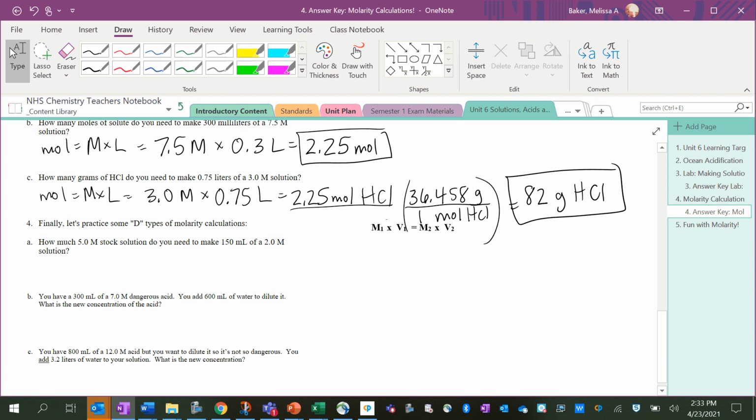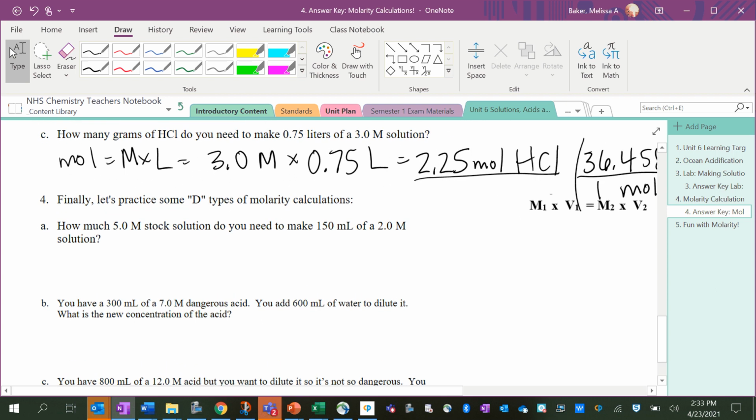Last, we've got some dilution questions. So for the first one, it says, how much 5 molar stock solution do you need to make 150 milliliters of a 2 molar solution? Okay, so we've got our equation M1 times V1 equals M2 times V2. Our stock solution is 5 molar.